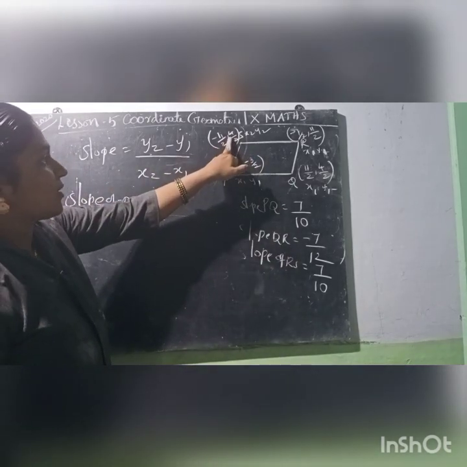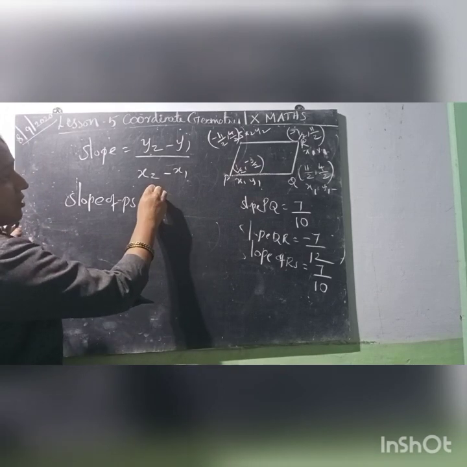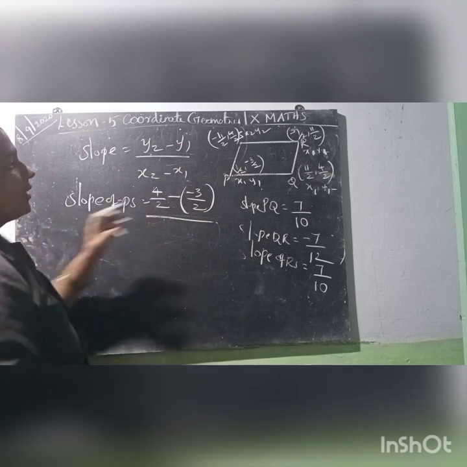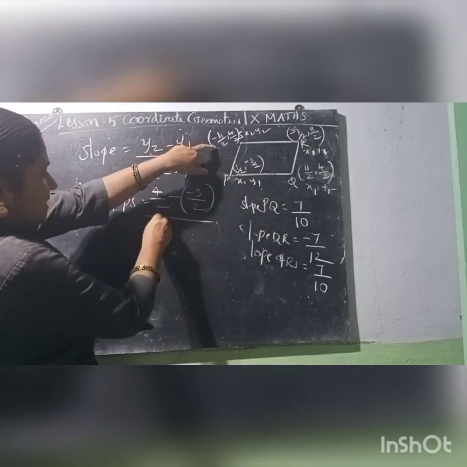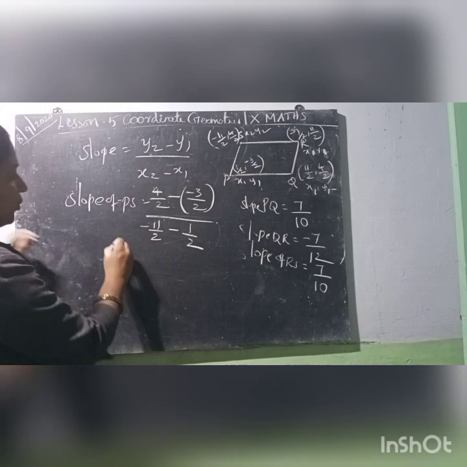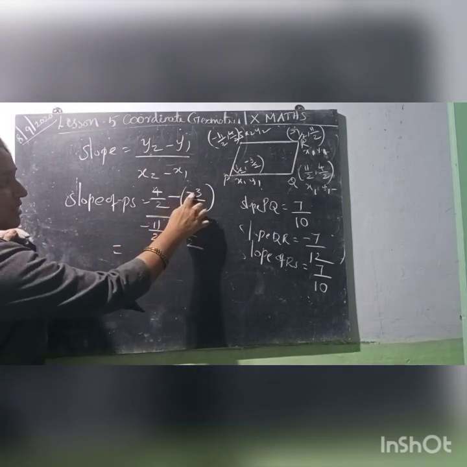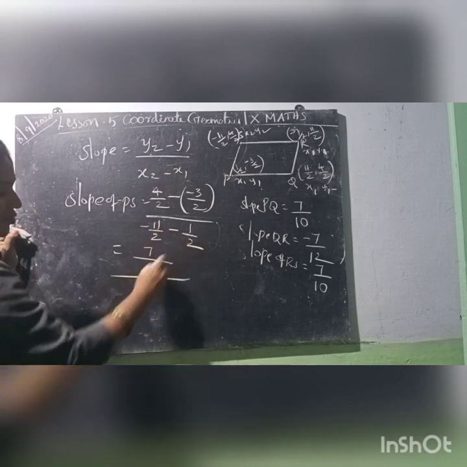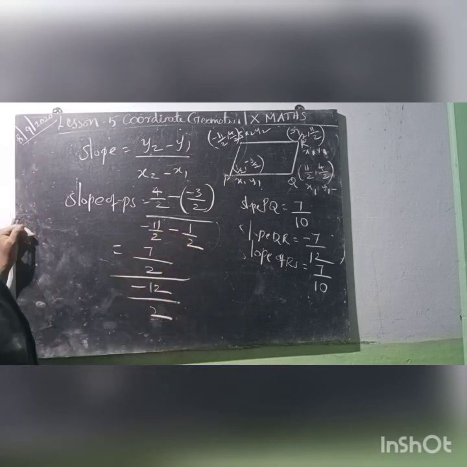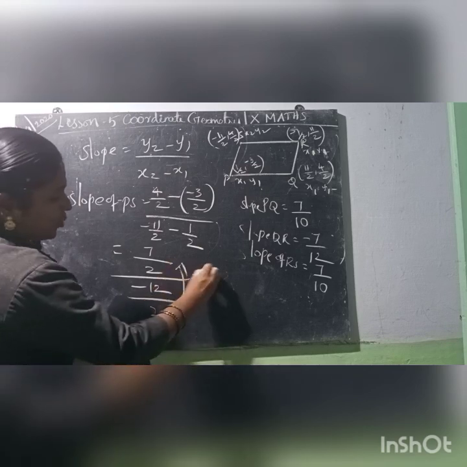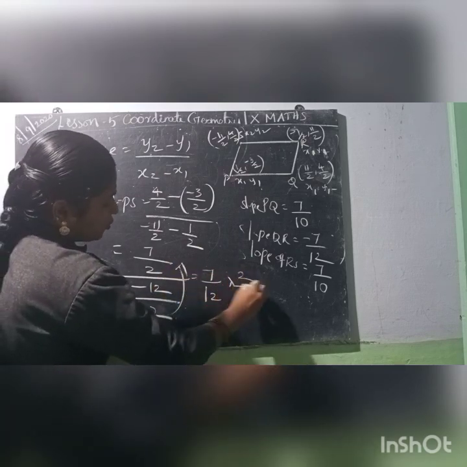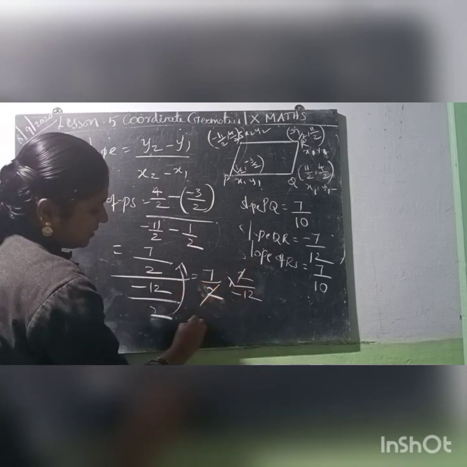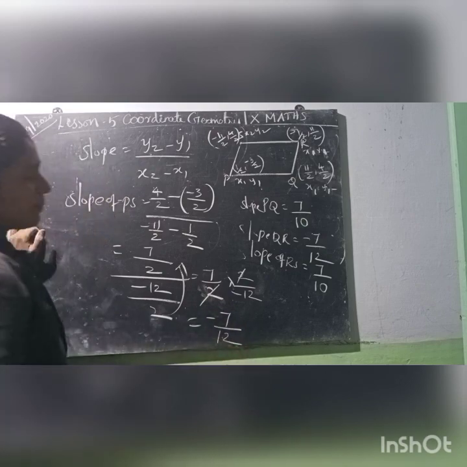So now y2 minus y1: 4 by 2 minus of minus 3 by 2 by x2 minus x1, which is minus 11 by 2 minus 1 by 2. Now denominator same. Minus into minus plus. So 4 plus 3 is 7 by 2 divided by minus 11 minus 1, which is minus 12, so minus 12 by 2. Take reciprocal. So 7 by 2 into 2 by minus 12. 2 cancel. So now the slope is minus 7 by 12.